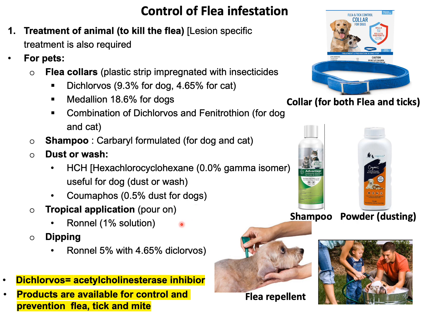Topical application is also a popular one to kill the flea. Ronnel 1% solution can be used. And if there is heavy infestation, dipping can be another alternative way of killing the flea. So Ronnel 5% with 4.65% dichlorvos can be used. You should remember that dichlorvos is an acetylcholinesterase inhibitor. That is, it will paralyze the insect, or it will paralyze the flea.